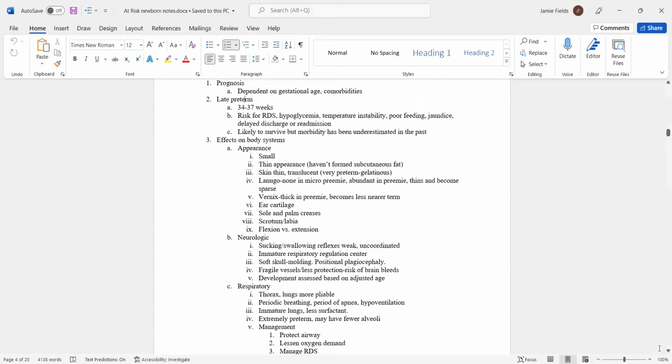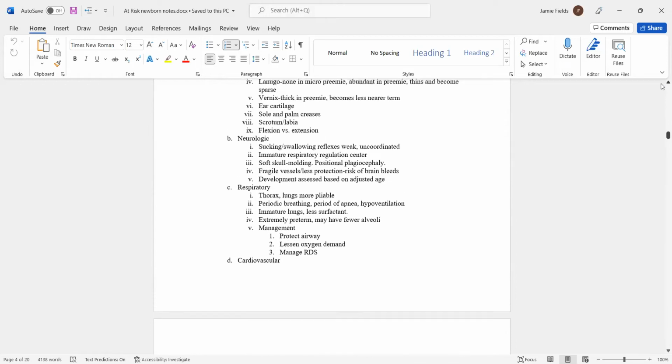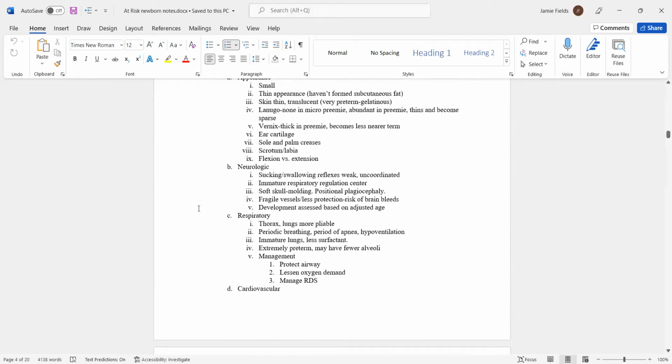How is the neurologic system different? We're on neuro. So they may struggle with sucking and swallowing. Reflexes may not all be like we would expect.